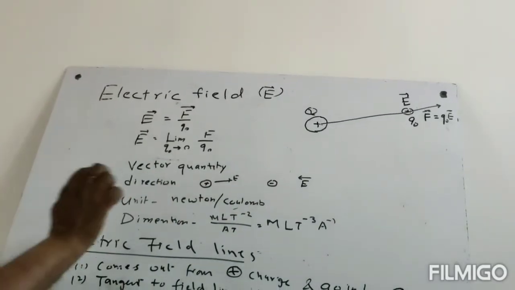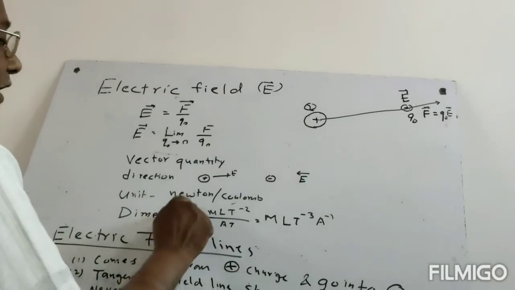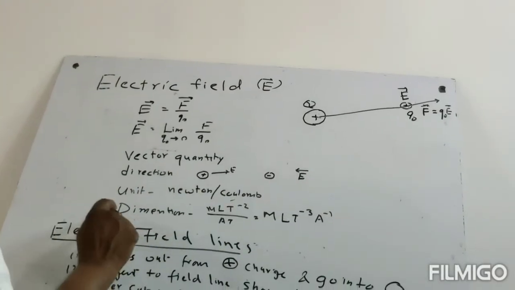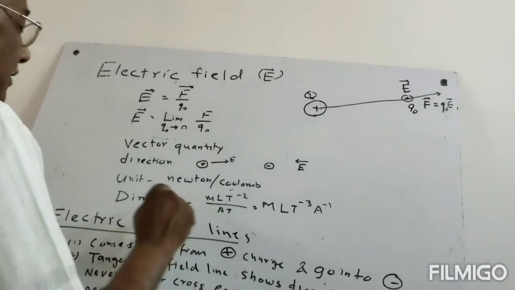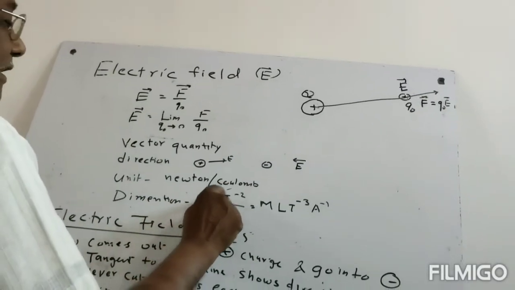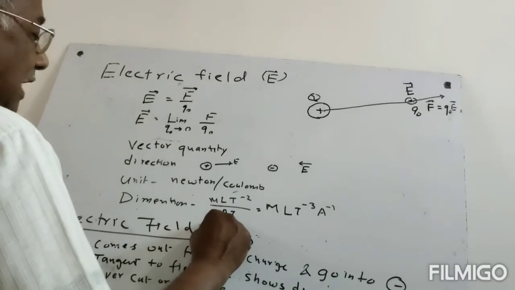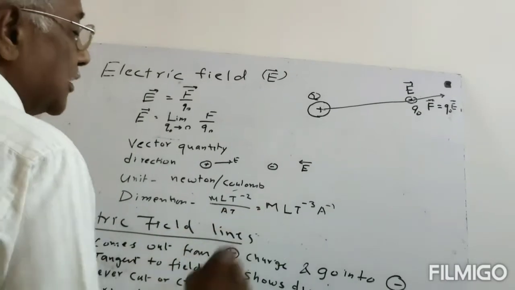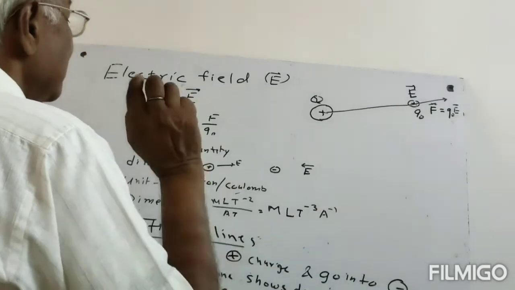The unit of electrical field intensity is Newton per Coulomb. We can find its dimension, which will be equal to the dimension of force, M L T minus 2, divided by the dimension of charge, A T. This is equal to M L T minus 3 A minus 1.